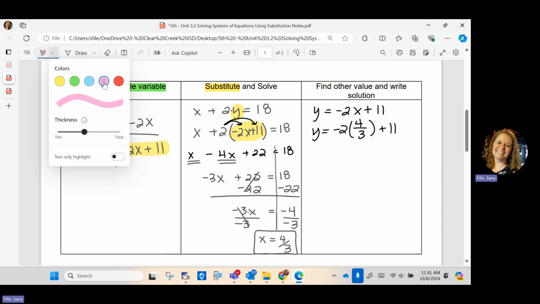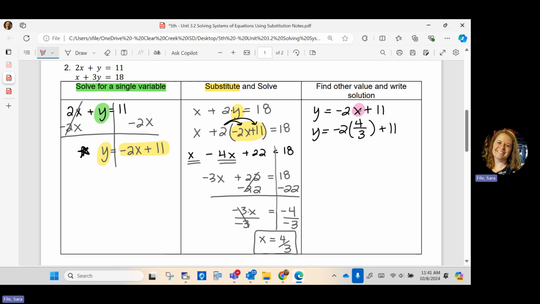So this is my second substitution step. Because x is 4/3, I can make that substitution. So now I'm going to solve for y. So when I multiply that, that's negative 8/3 plus 11.